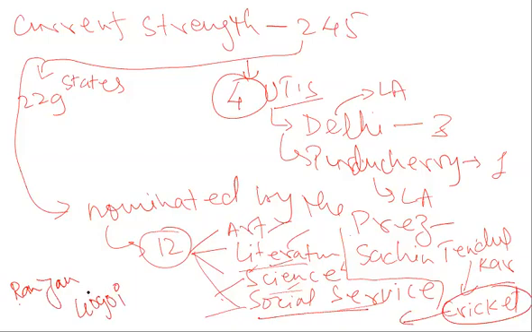He was also nominated to the Rajya Sabha, and a lot of hue and cry was there. But the actual hue and cry was not his nomination. The actual hue and cry about the nomination of retired Justice Ranjan Gogoi to the Rajya Sabha was the timing.